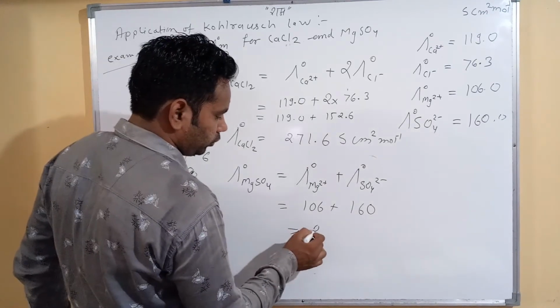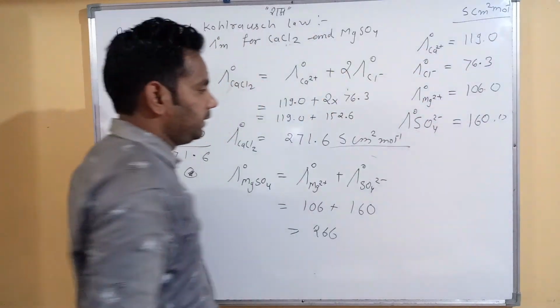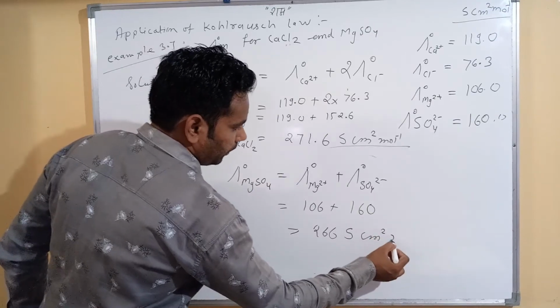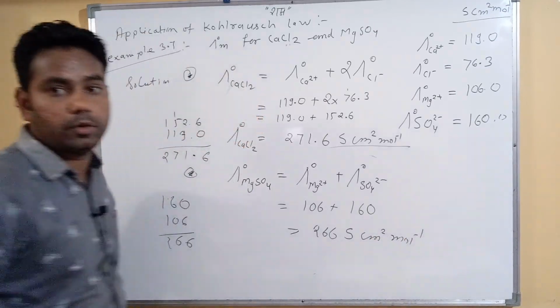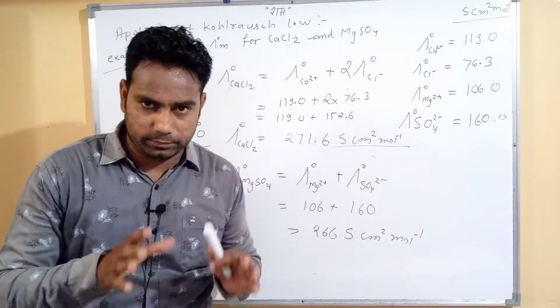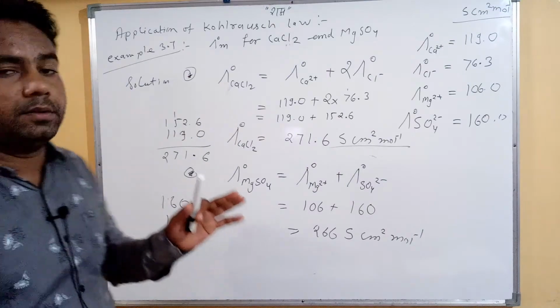So our answer is 266. The unit is Siemens centimeter square mole inverse. Done. I think it's a very easy example.